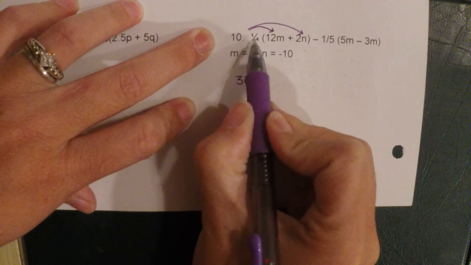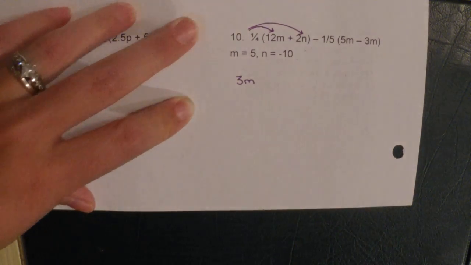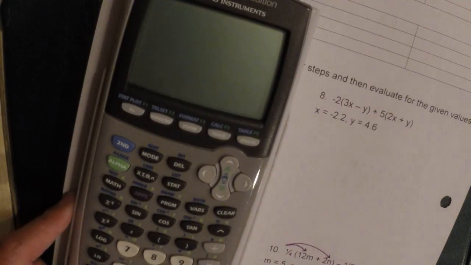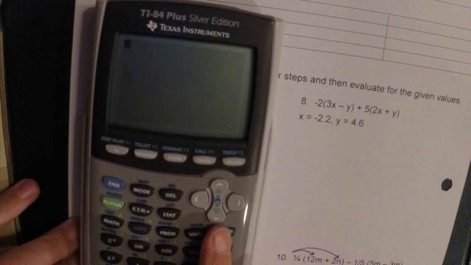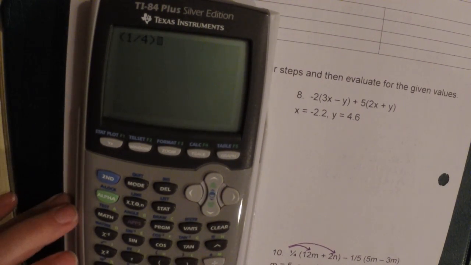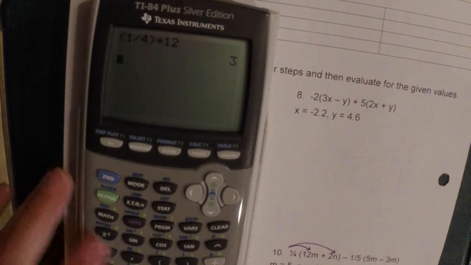And then 1/4 times 2. Again, we could do it in our calculators in case you don't trust me. Hold on. Let me show you. I know this is an old calculator. I didn't bring an Inspire home. But if I do 1/4 times 12, that's where I came up with that 3m.